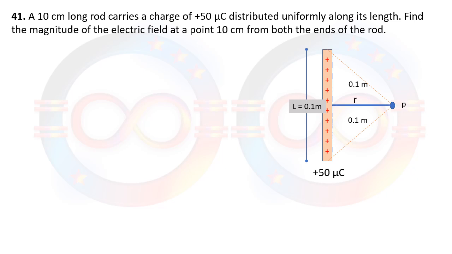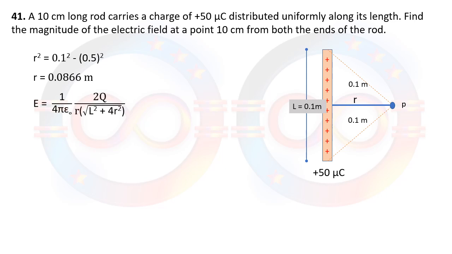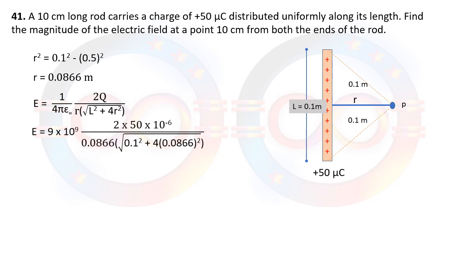For this particular question, we have to take the formula for electric field due to a charged rod, and that is 1 by 4 pi epsilon naught, 2q upon r, where r is the perpendicular distance from the rod to the point, root over L square, where L is the length of the rod, plus 4r square. If we put all the given values here, 1 by 4 pi epsilon naught is 9 into 10 raised to 9, 2q is 50 into 10 raised to minus 6.